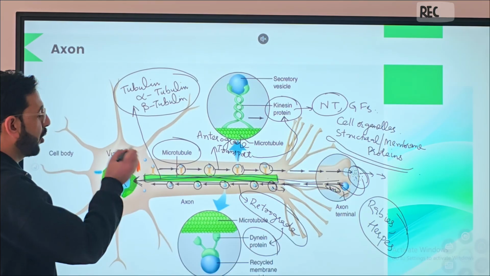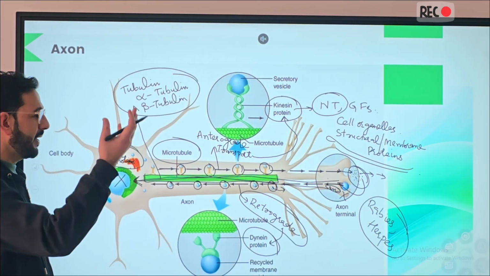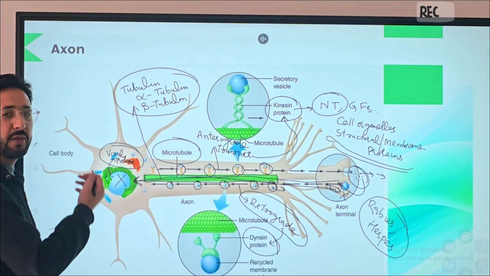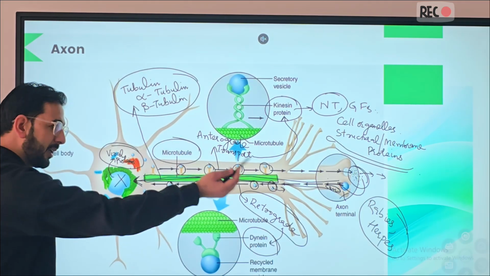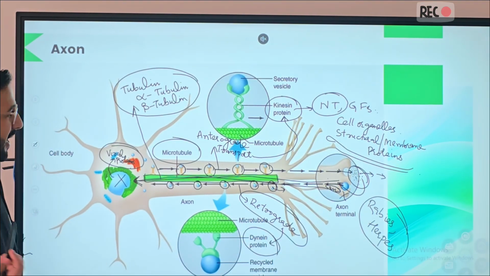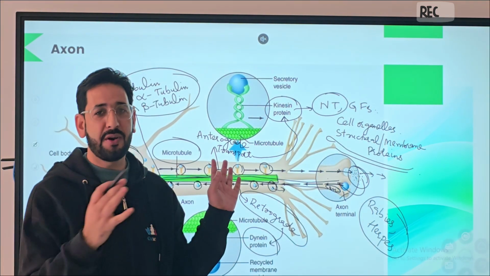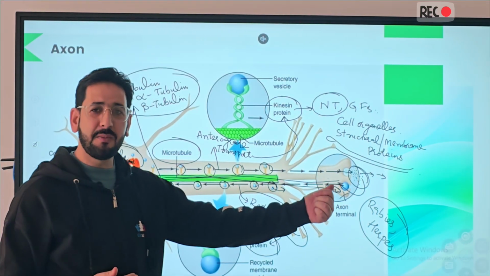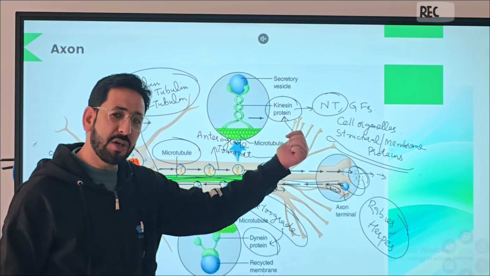Because their goal is only this: they hack the nuclear machinery and make more viral proteins in order to spread that infection. So these viruses have to reach from the axon terminal to the cell body, and they come by means of this retrograde transport and this motor protein, dynein. So this is another function of the axon, the axonal transport. It can be anterograde transport from cell bodies to the axon terminal: the neurotransmitters, the growth factors, the cell organelles, the structural proteins.